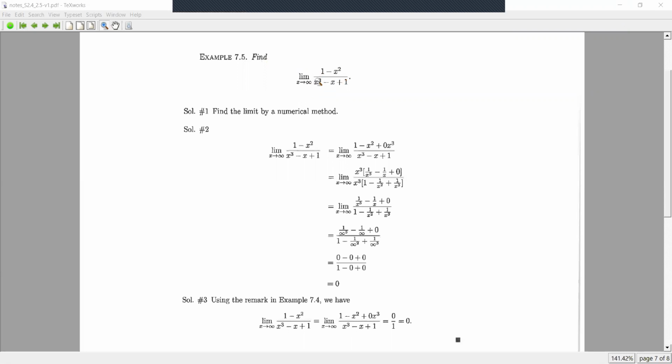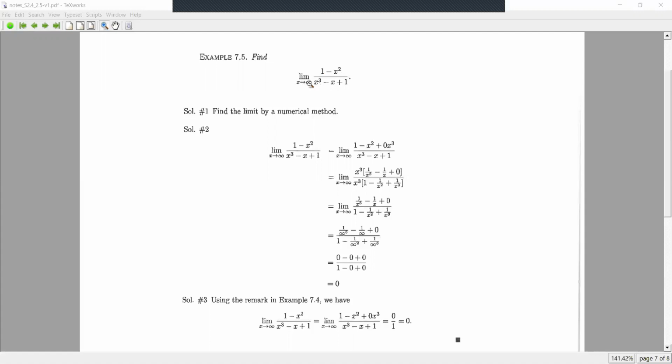And x to the third minus x plus 1 should approach positive infinity. Because the degree at the bottom is 3. The degree at the top is only 2.